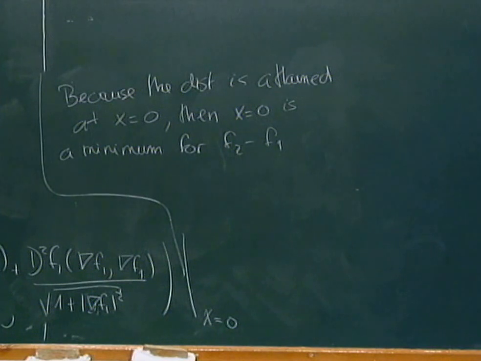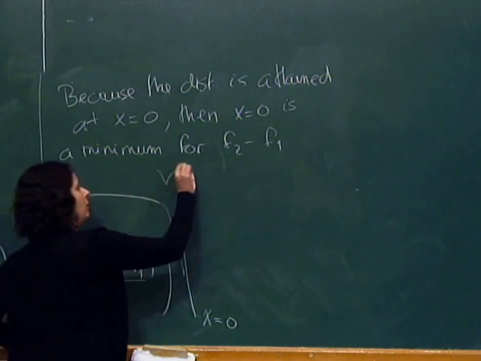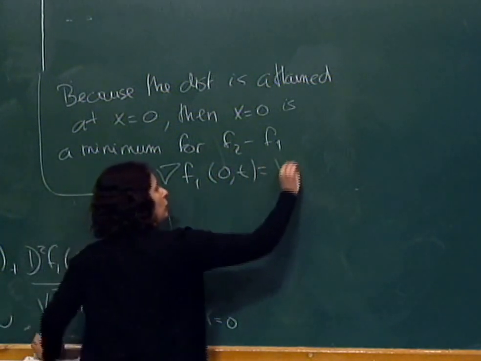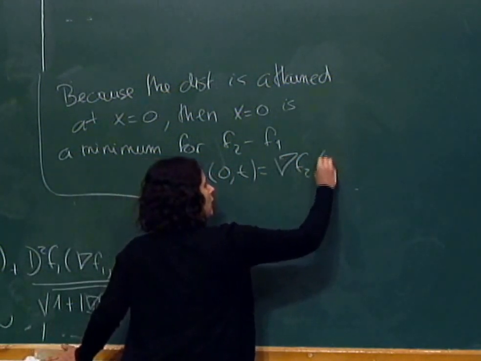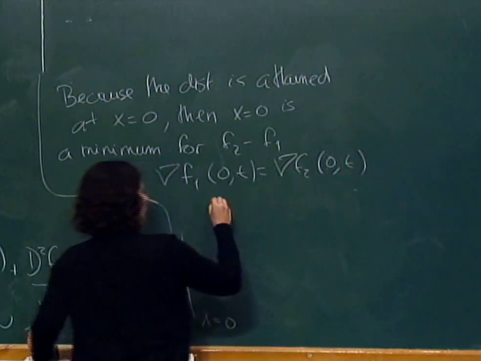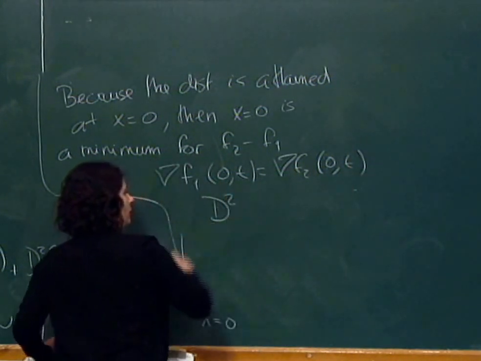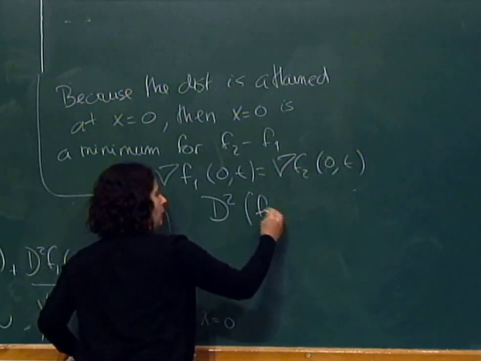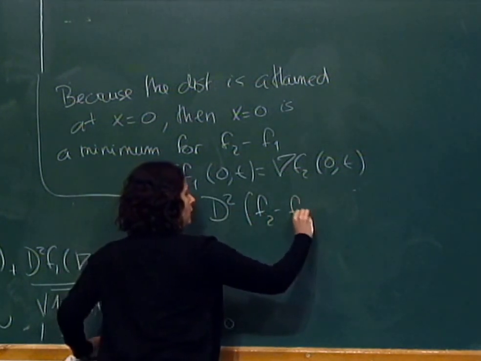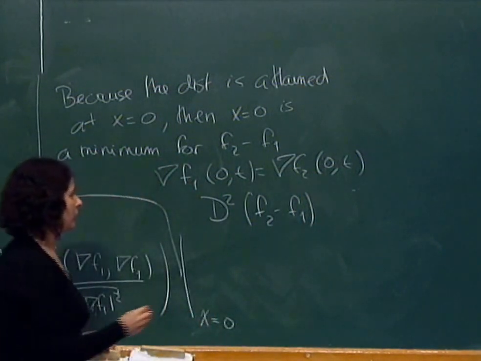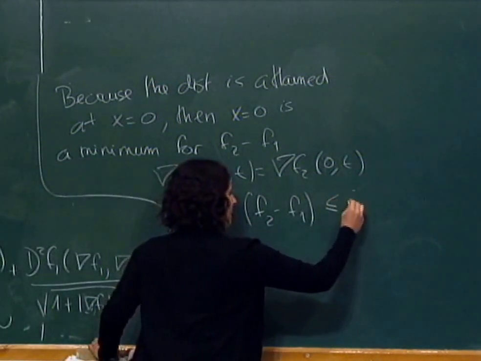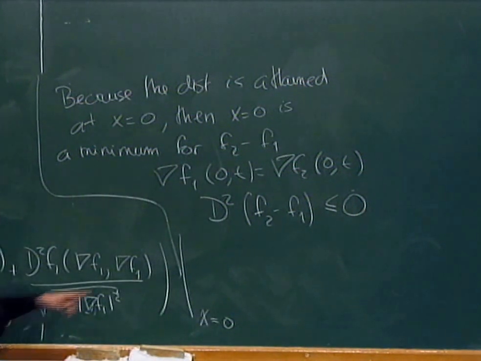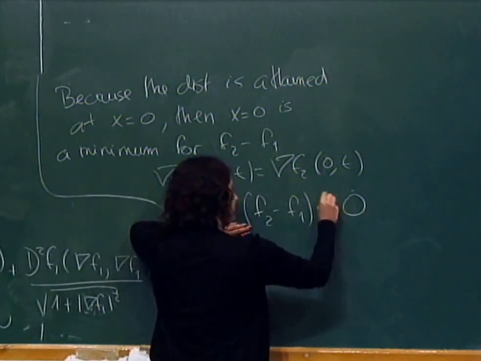And that means that, in particular, the gradient of f1 at (0,t) is equal to the gradient of f2 at (0,t), and that the second derivatives of f2 minus f1 are actually positive. It's a minimum, sorry, so it's positive.